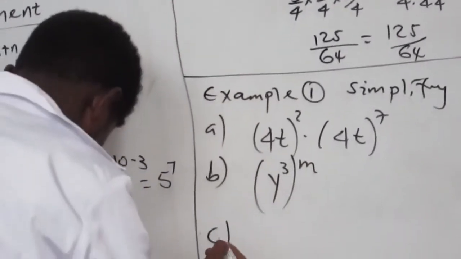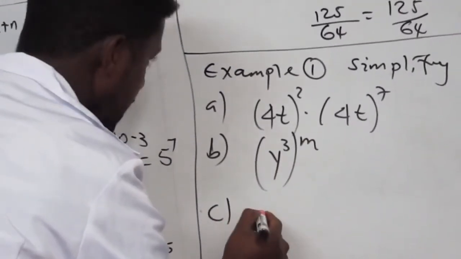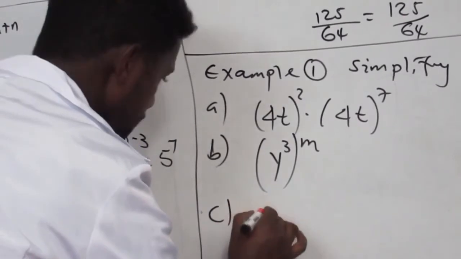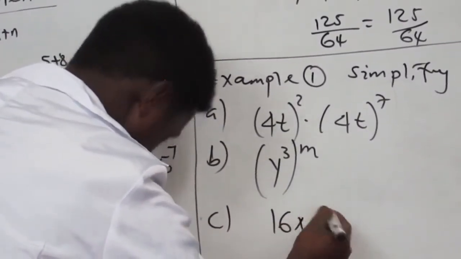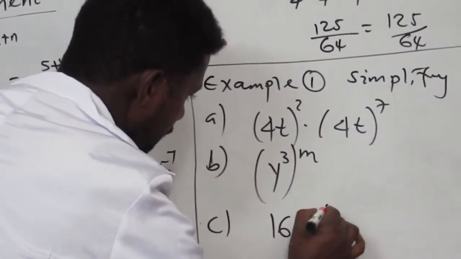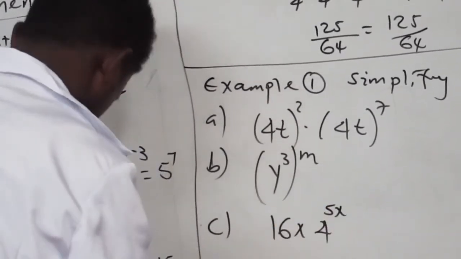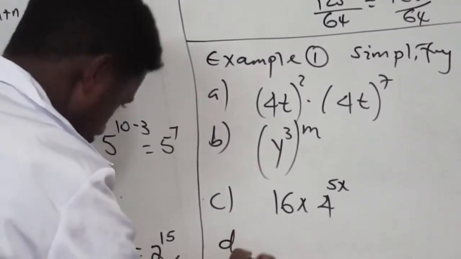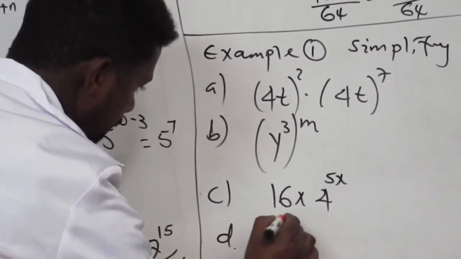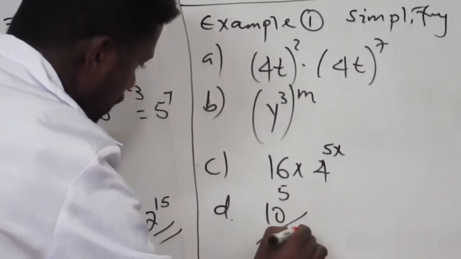C: 16 times 4 to the power of 5x. D is a better example: 10 to the power of 5 divided by 10 to the power of 7.